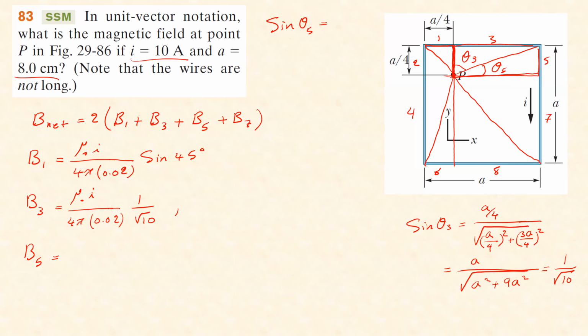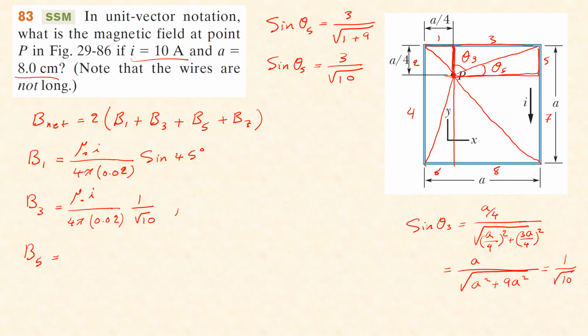Becomes 3 divided by square root of 1 squared plus 3 squared. So sine of theta 5 becomes 3 over square root of 10.